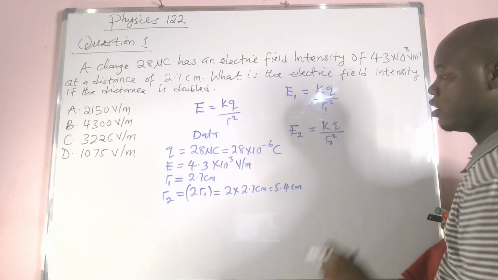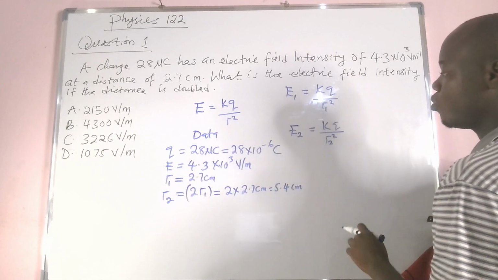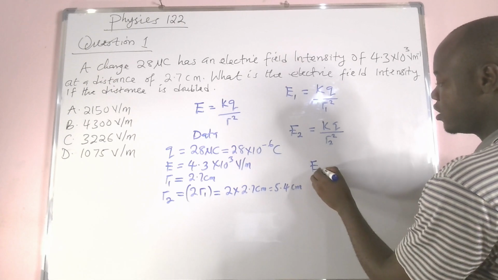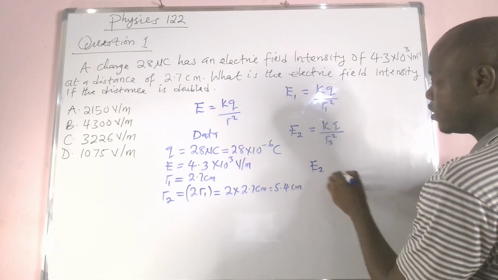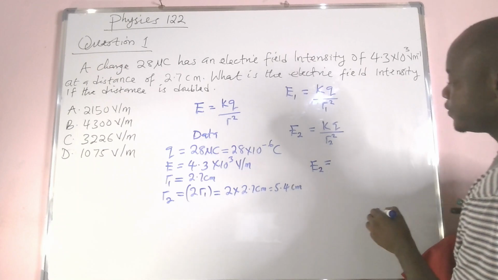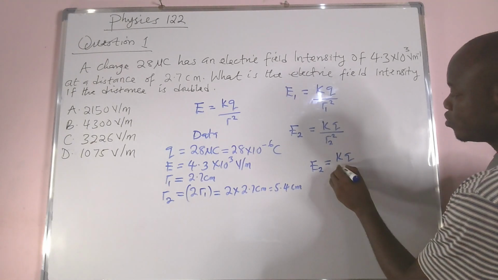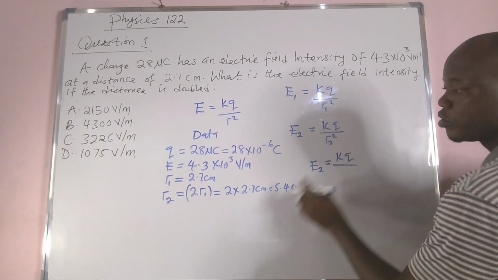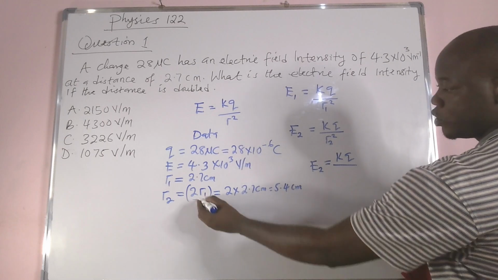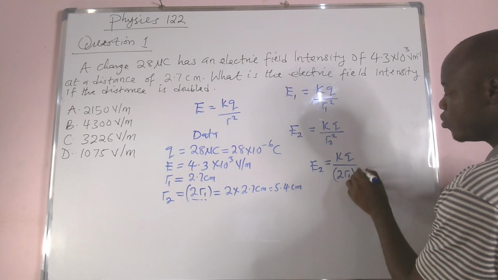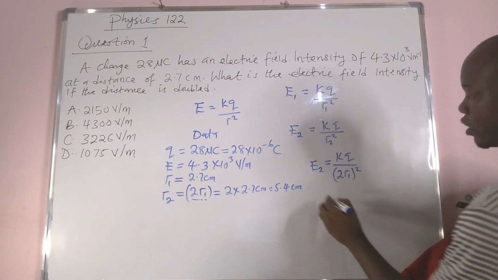And remember, R2 is 2 times R1. So we can now say E2 is equal to K Q all over 2R1, then we square it.